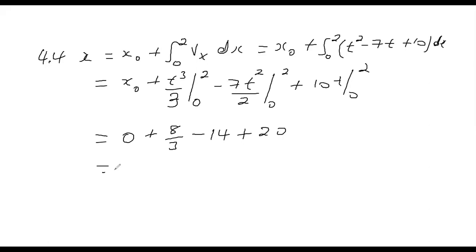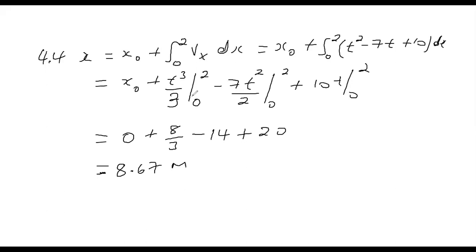So what is the answer here? 8 over 3 minus 14 plus 20 is 8.67 meters. That is the position of the particle after 2 seconds.